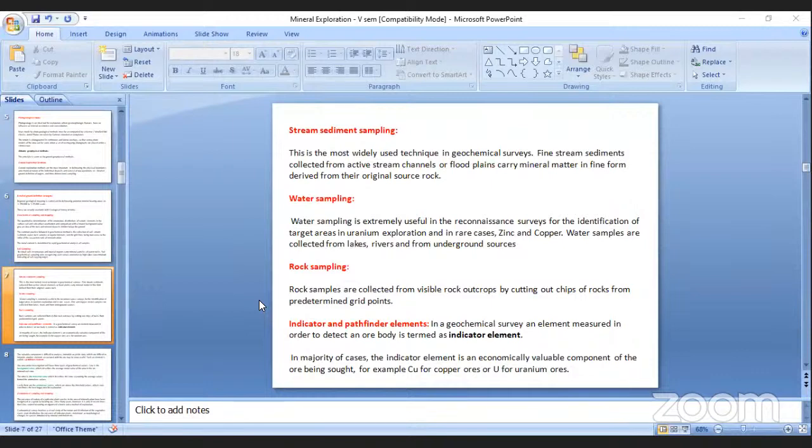In stream sediment sampling, fine stream sediments are collected from active stream channels. I'll tell you in a simple way. These streams start between hills or valleys, and the water flows from the higher level of the hills down to the lower level.